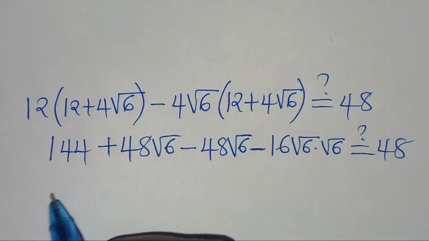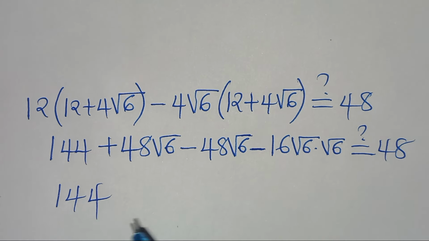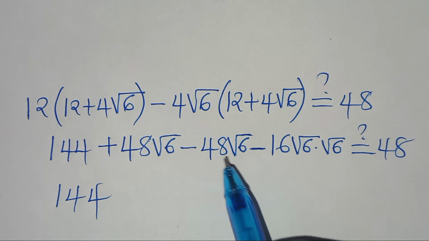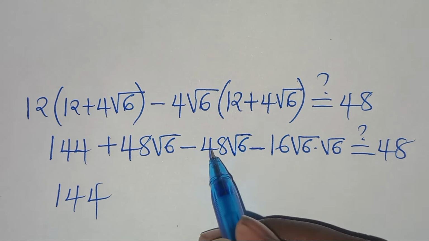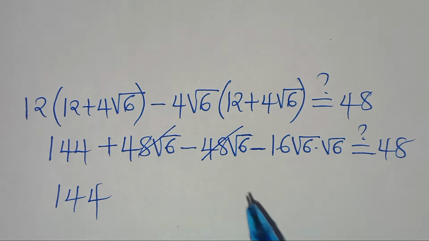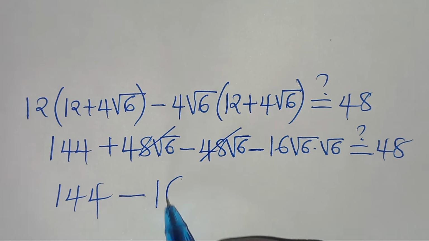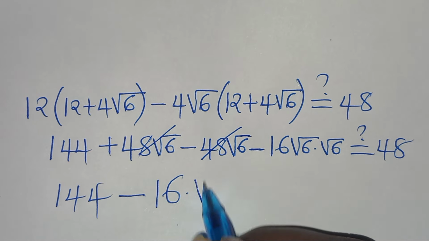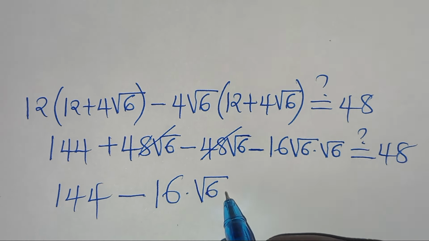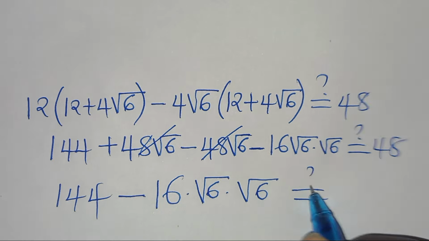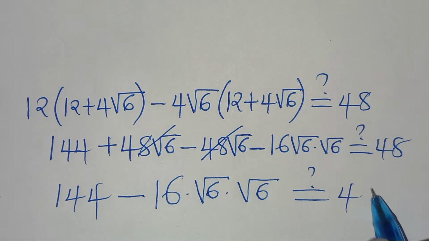So here we have 144, and then we have plus 48 square root of 6 minus 48 square root of 6. This actually simplifies. Then we have 144 minus 16 multiplied by square root of 6 times square root of 6. This should give us a value of 48.